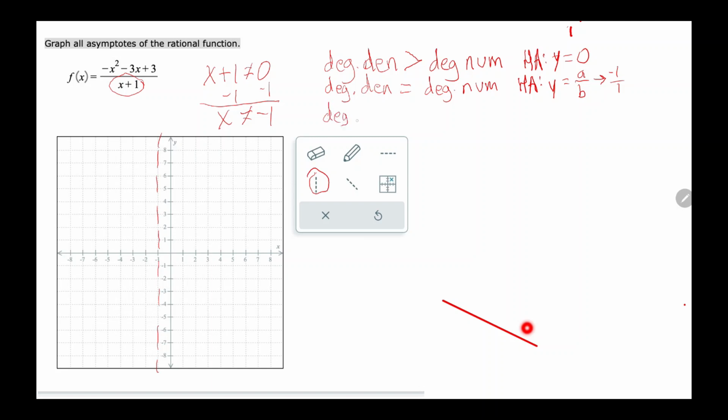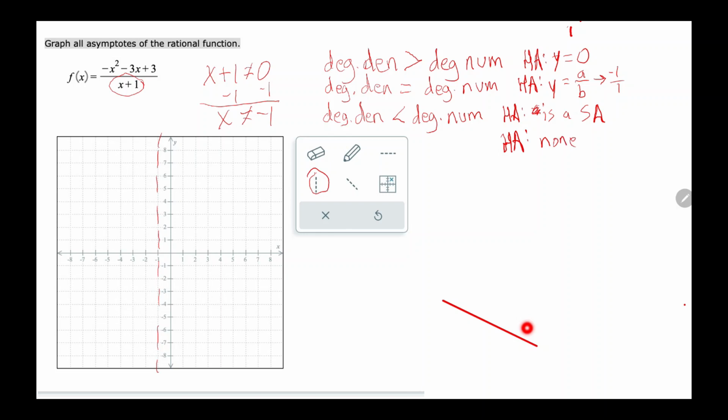If the degree of the denominator is less than the degree of the numerator, you either have a slant asymptote, or your h of a is none.